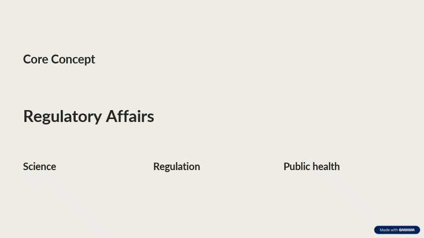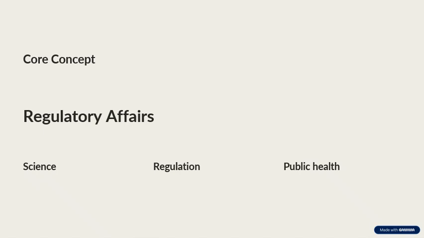At its core, regulatory affairs sits at the intersection of science, regulation, and public health. The role of RA is to support public health regulatory decisions by ensuring that scientific and technical information is complete, accurate, and clearly explained.